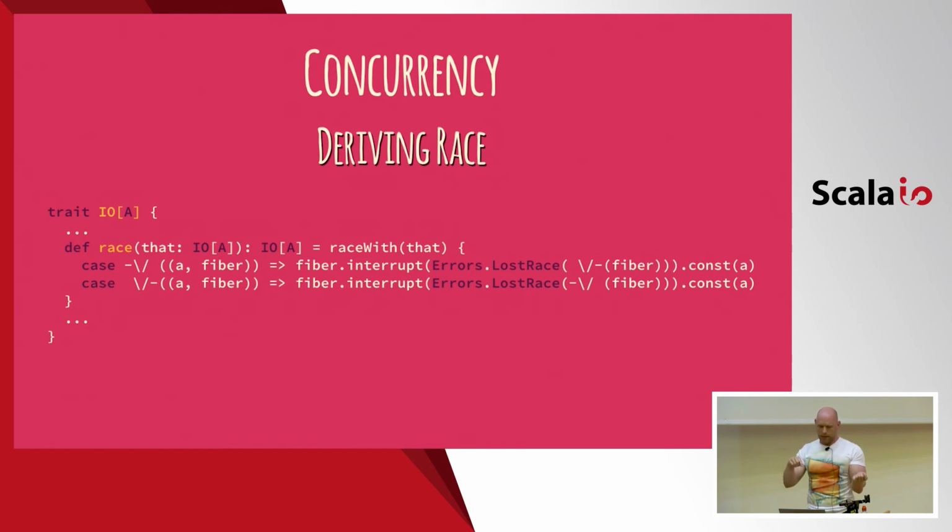And then we produce the A. On the other hand, if the right side won, we interrupt the left-hand side with an error saying you lost the race. And then we produce the A we got out of the right-hand side. So what this does is it means you race two things in parallel, and when this one produces a value, you can chop off all the rest of that computation and throw it in the trash can.